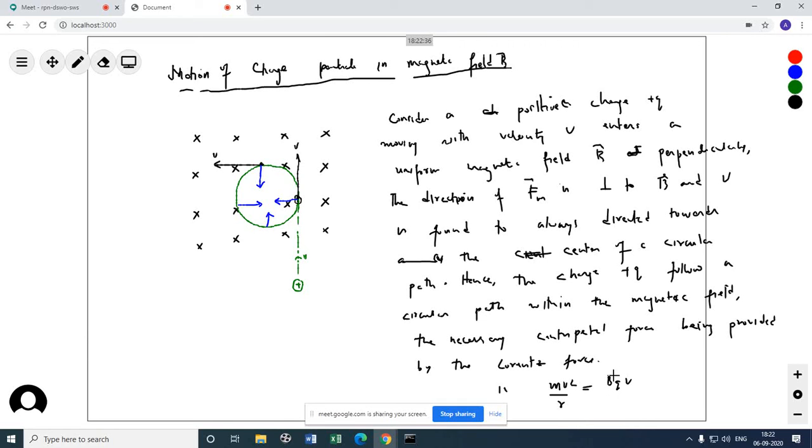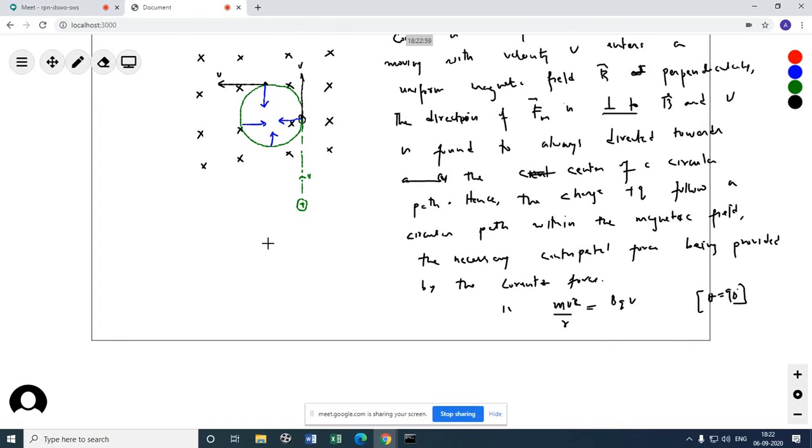Sine theta is always 90 degrees because the velocity is perpendicular to the magnetic field. It is entering the magnetic field at 90 degrees, I have said perpendicularly.